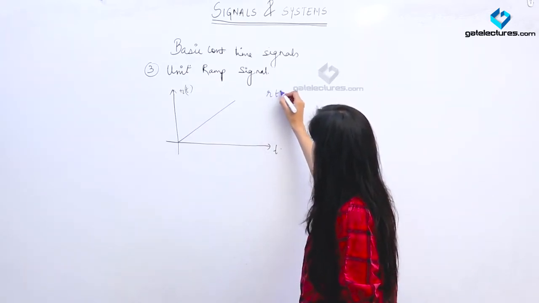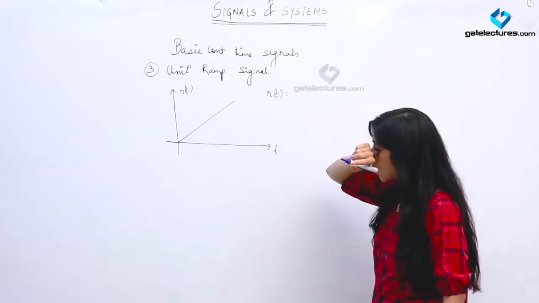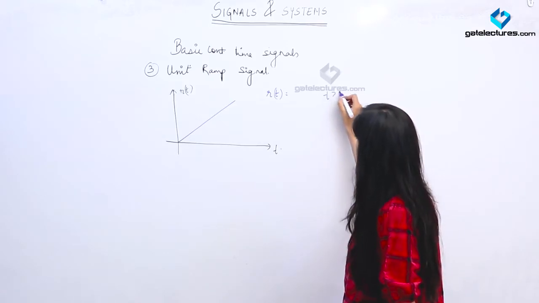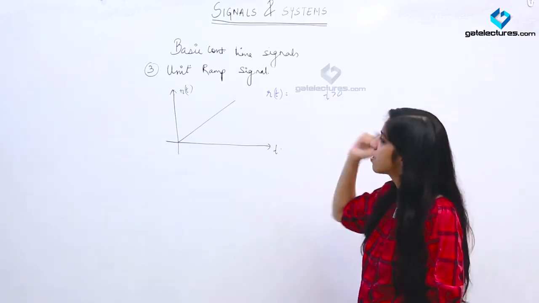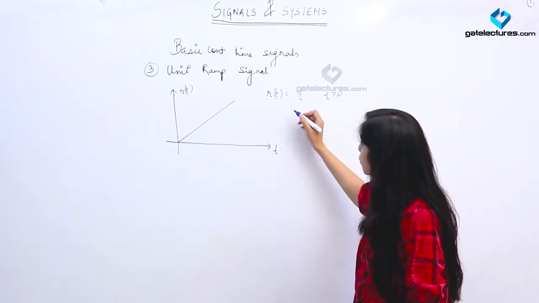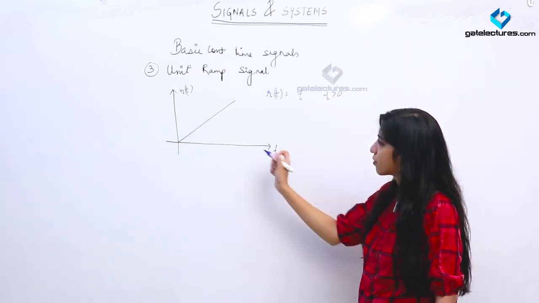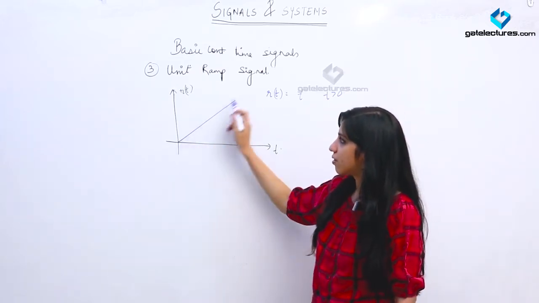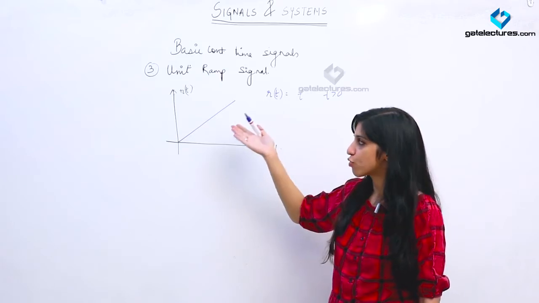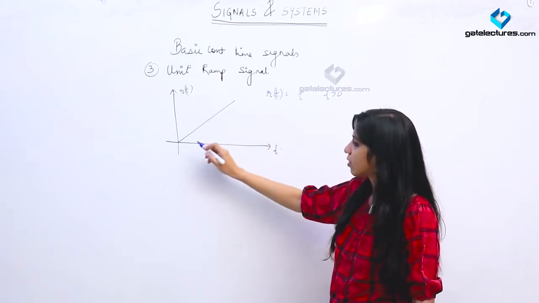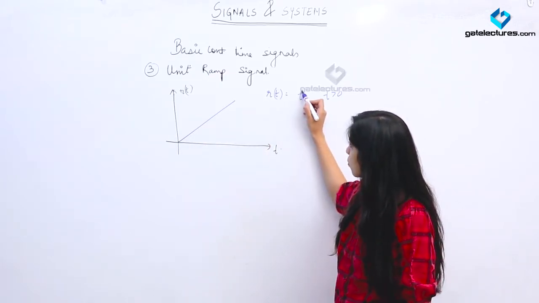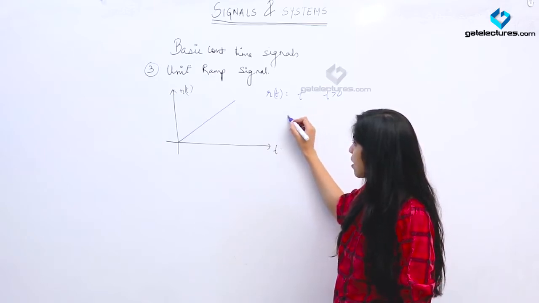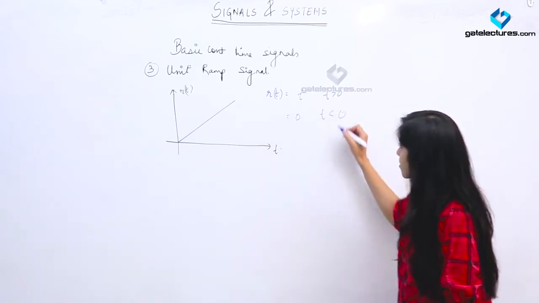In this signal, whenever the time is greater than 0, that is for all positive time intervals, the value of this function is going to be equal to t. That is the slope of this line, a line of slope unity. It's going to be 0 for time less than 0.